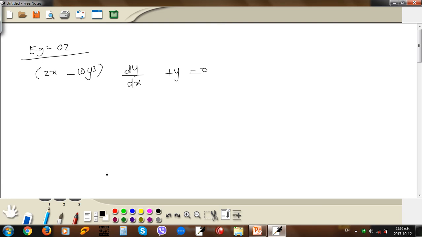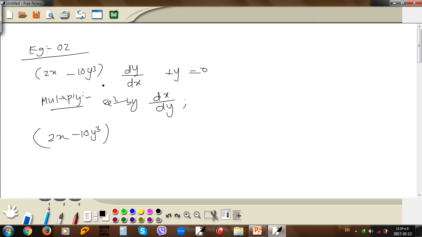To do this, I am multiplying the equation by dx over dy. I multiply the whole equation by dx over dy. Then what remains here is only 2x minus 10y to the power 3, then 1, then y times dx over dy equals 0.